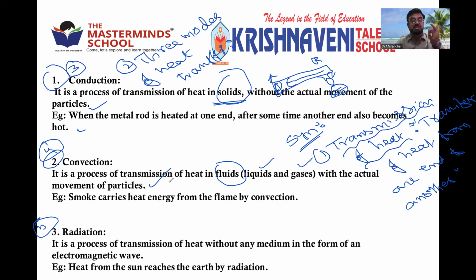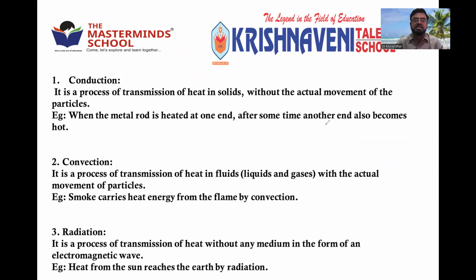See the difference. The first one is without actual movement. This is with actual movement. With actual movement of the particles is called convection, which takes place in both liquids and gases. In solids, conduction takes place. In liquids and gases, convection takes place.